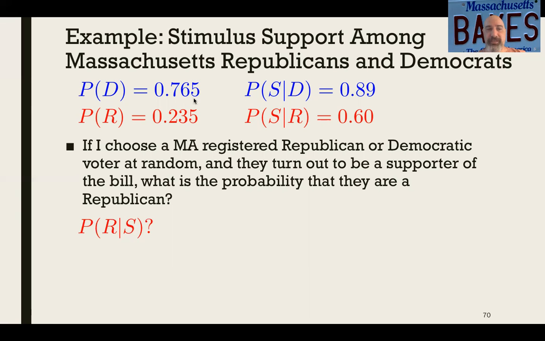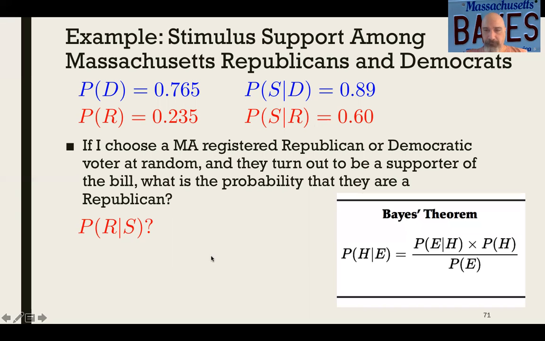We don't want to just say, if you got this on a homework problem in the future, and your instinct might be just to say 60%, but if you do that, you are committing the fallacy of the transposed conditional, a specific form of which is the prosecutor's fallacy if it's in the legal setting.